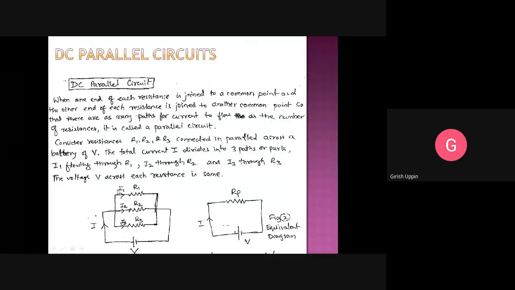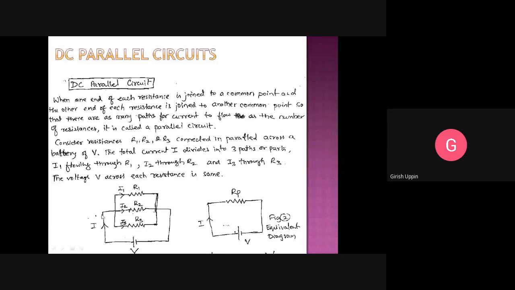Now, whether current I1 will be more than I2 or less than I2, how will the current I1 be decided? The current I1 will be decided by this resistance. If this resistance is low, more current will flow here. If this resistance is high, less current will flow here. Think of this as a water pipe, and at this junction, three more pipes are connected.